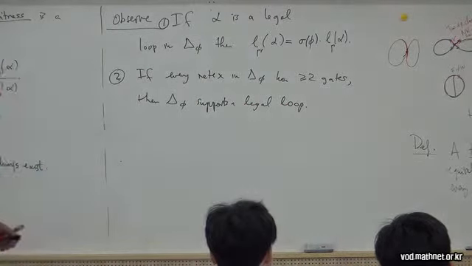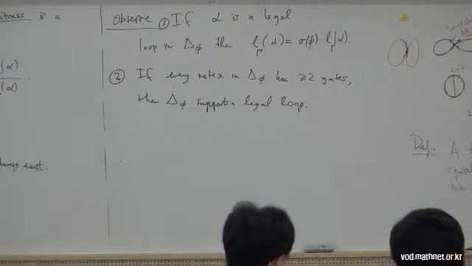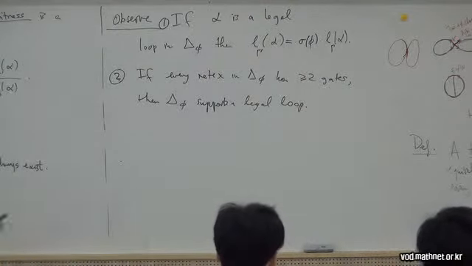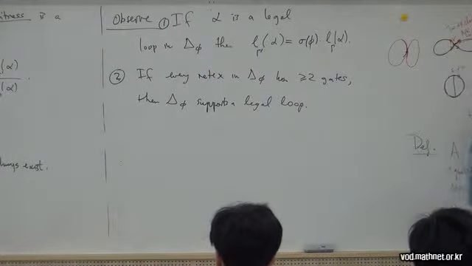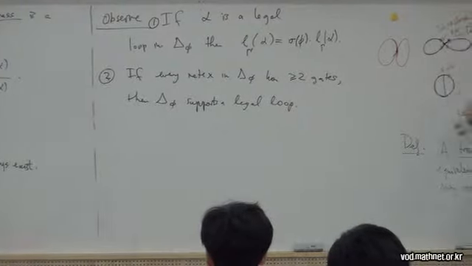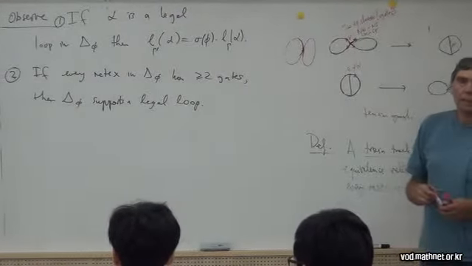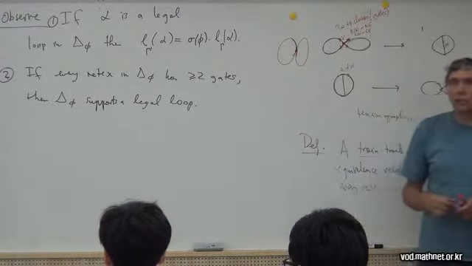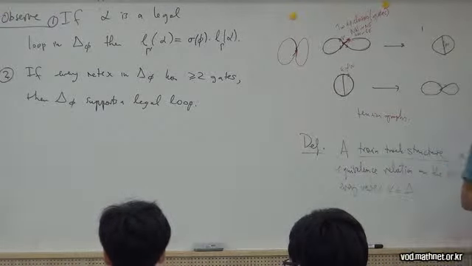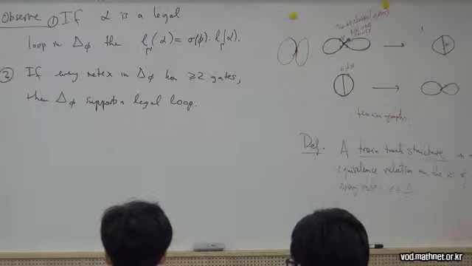You can have stupid train tracks that don't have any legal loops, right? I could make all directions here equivalent. I can just have one gate. So then there's no way you can go through this vertex because there's only one gate. You cannot go through the vertex in a legal way. There are no legal loops then.